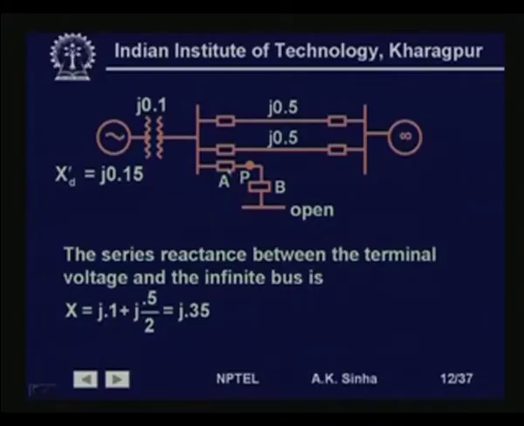That is, P e post fault will depend on the condition of the transfer reactance. If this fault is cleared by opening the circuit breakers at these two ends, then again the system returns back to its normal transfer reactance, which is j0.5 per unit only. So, in that case, again the relationship for P e will be given by this relationship.